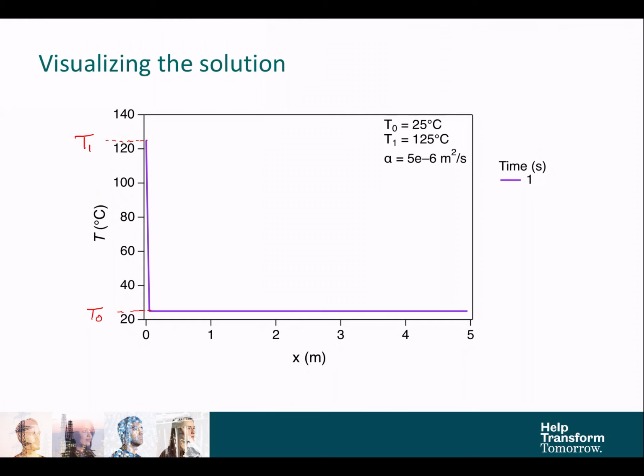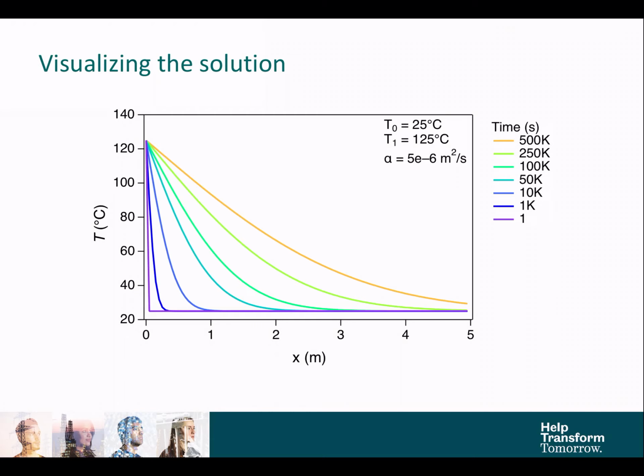And so there's almost a discontinuity at early times, which gives the function this very sharp L shape. But after we relax the heat transfer for 1,000 seconds, the curve starts to round, as you might expect.